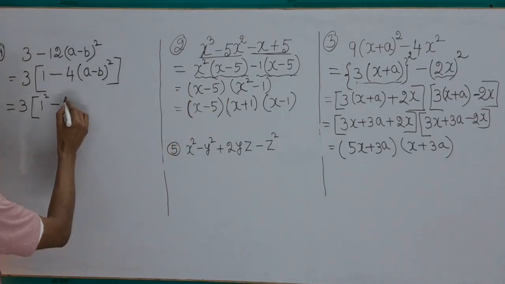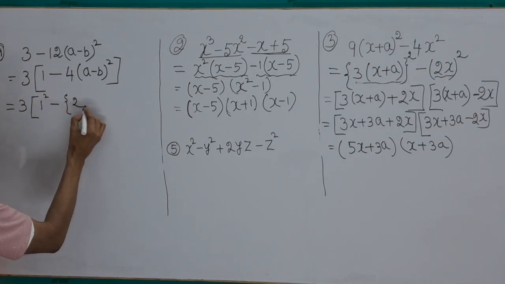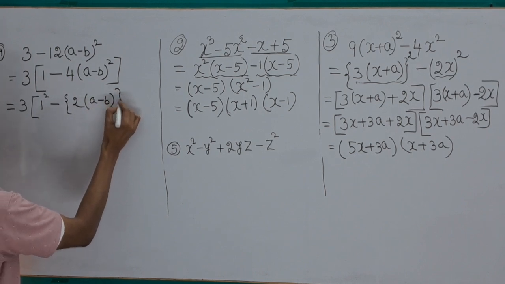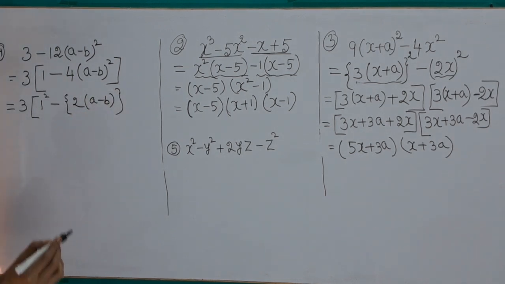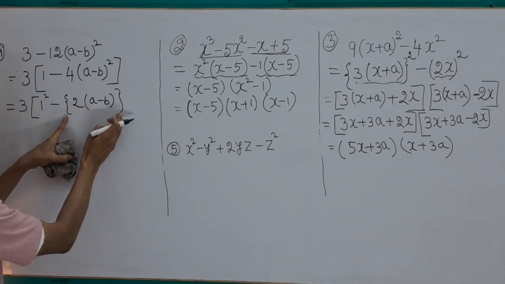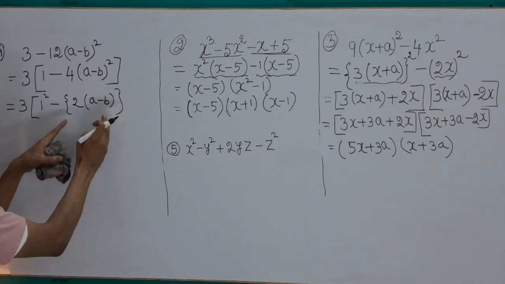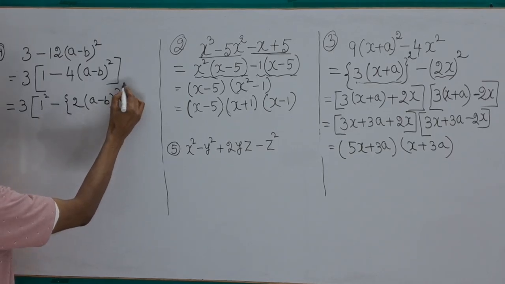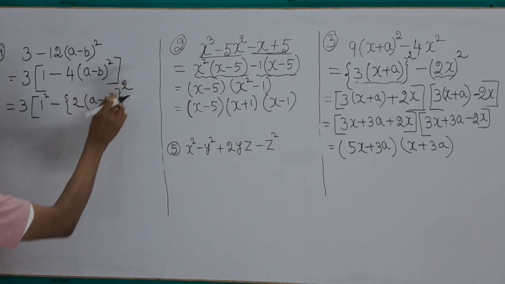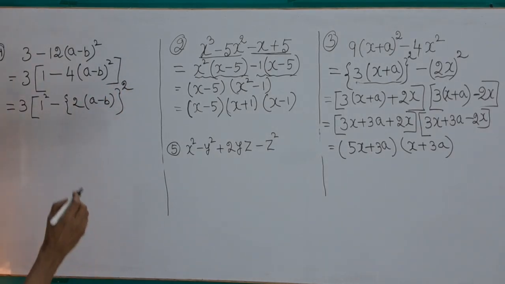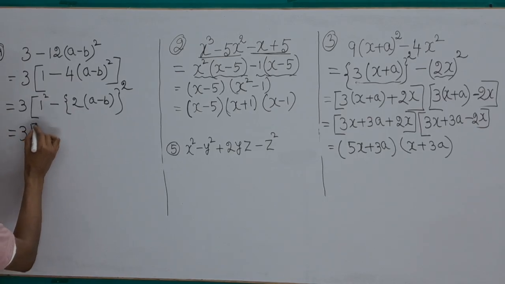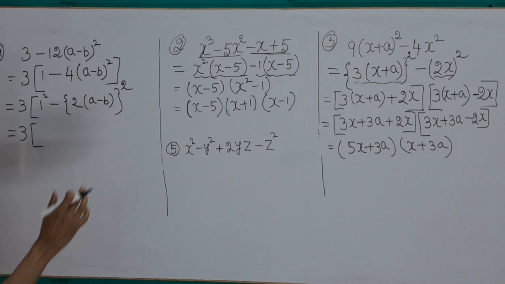You have to use the same method, put 2 inside a bracket and a minus b together. So if you are putting 2 and a minus b both together, that means 2 into a minus b, and whole together means you are putting a curly bracket around them and then putting a square. That means it is a minus b whole square and 2 square, which is coming 4. So now you can see inside this a square minus b square form is coming.